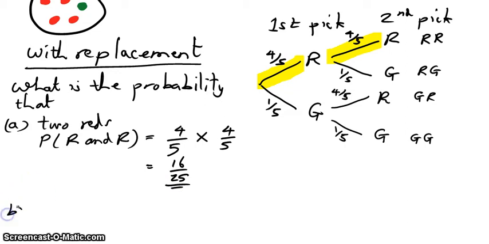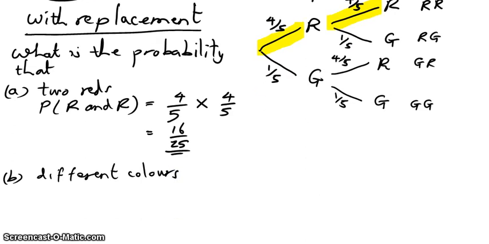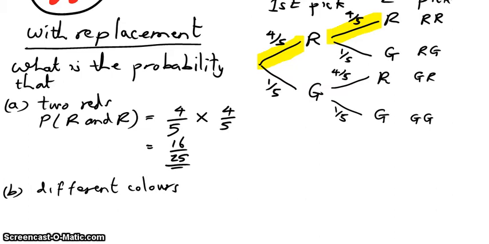The other one might be something like a red followed by a green, or a green followed by a red. But one of the classic ones is different coloured balls. What's the chance of me getting different colours when I do this? Okay, let's just tidy that up.